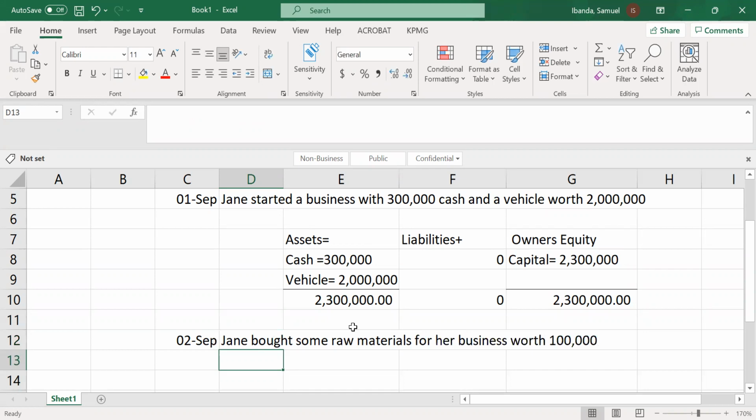Okay, so Jen bought some raw materials for her business worth 100,000.